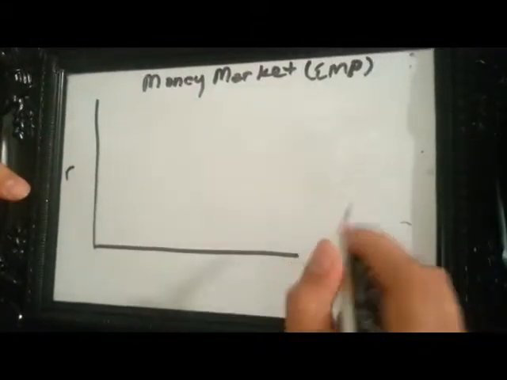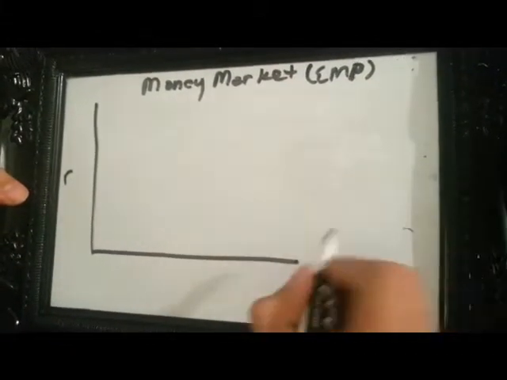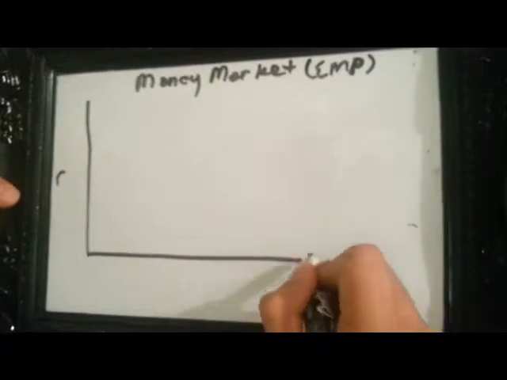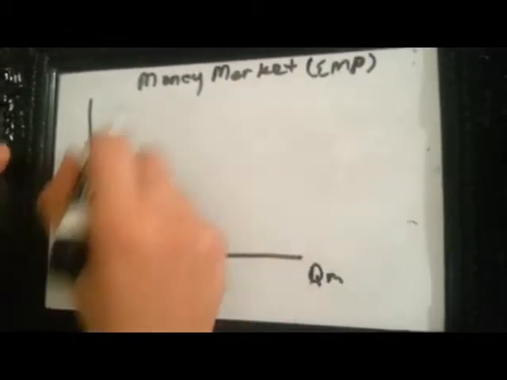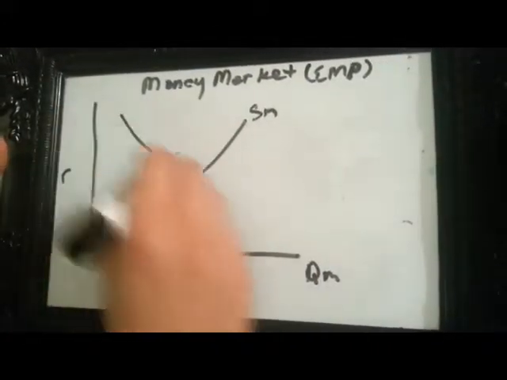Now here we'll show the effect of expansionary monetary policy on the money market, but we also know that expansionary monetary policy is the open market purchase. So, as we have here, we draw our money market. We have our supply of money and we have our demand for money.